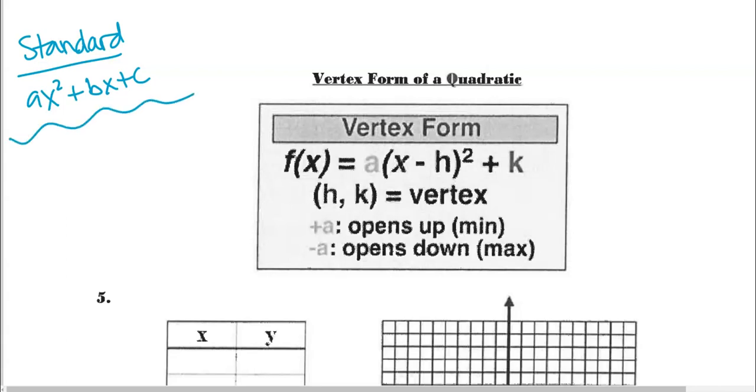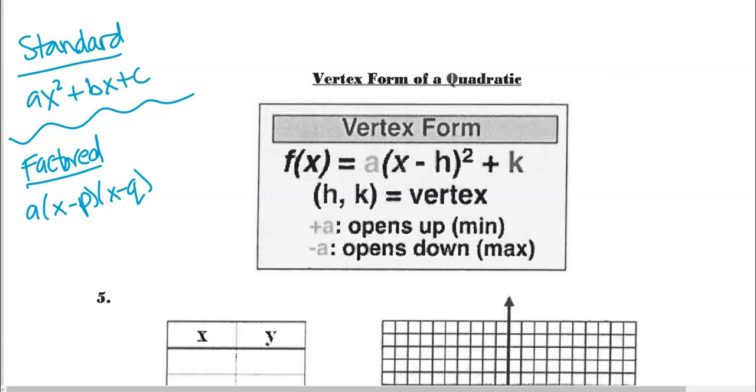Yesterday, we did factored form, right? Where it was already factored for us. Because on Monday, we had to do factoring to find the x-intercepts. Yesterday, it was already factored. So we could go ahead and pull out the p and the q, changing its sign, right? If it was negative, now it's positive.